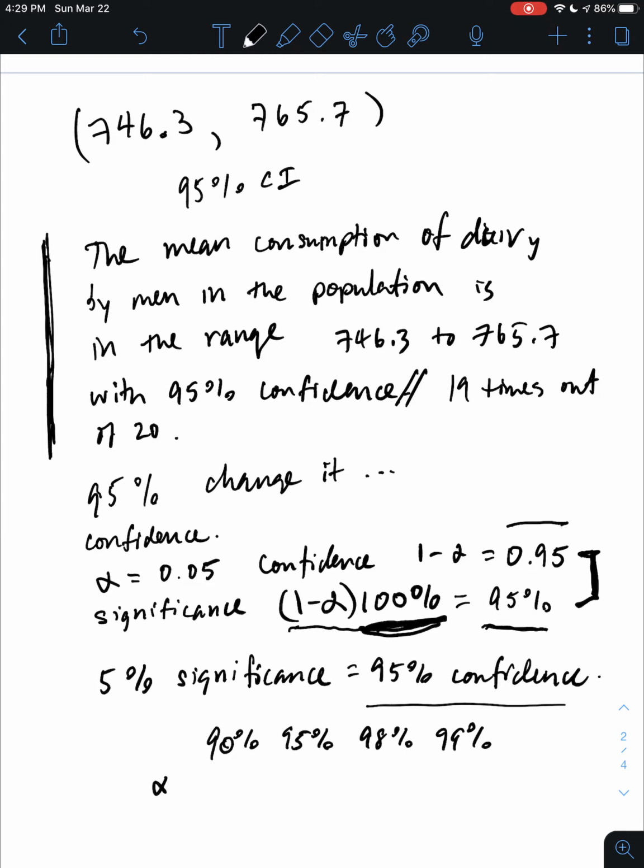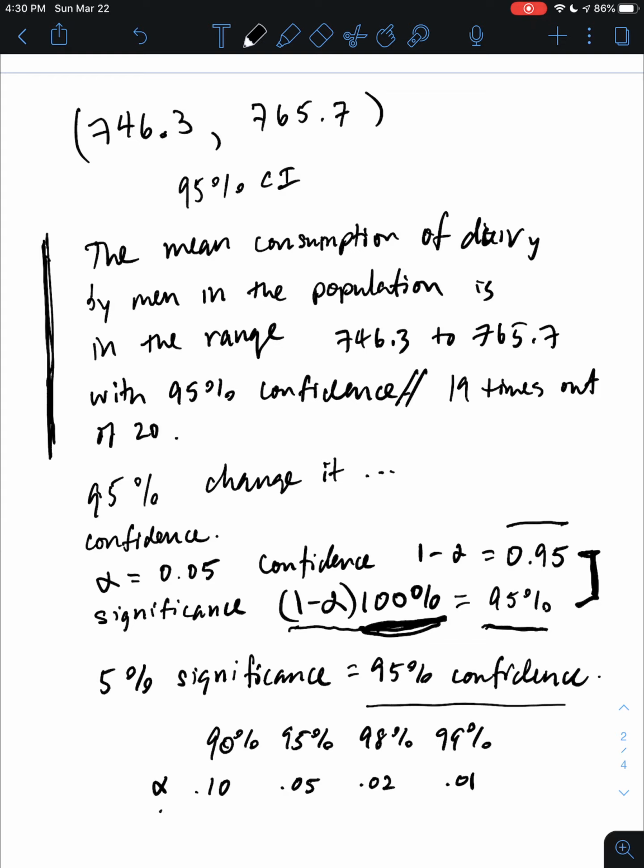In each of these cases, we have alpha is 10%, 5%, 2%, and 1%. So the confidence can be 90, 95, 98, 99. The corresponding significance will be 10%, 5%, 2%, or 1%.